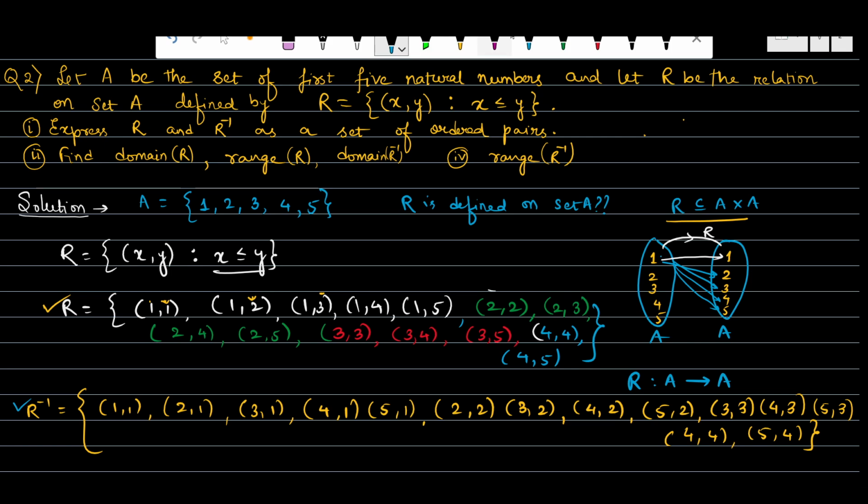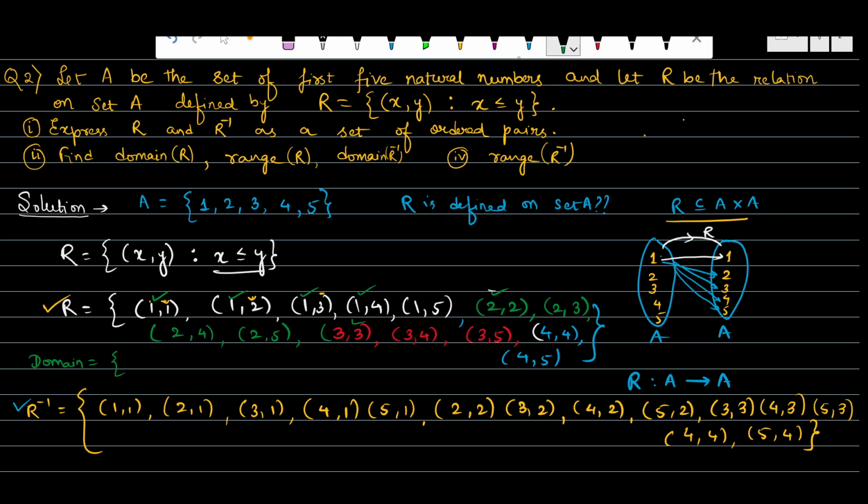So we have found out R inverse. Now can you tell me what will be the domain of R? Domain of R is the set of all first components. See, 1 here, 2 here, 1, 2, 3, 4, right?